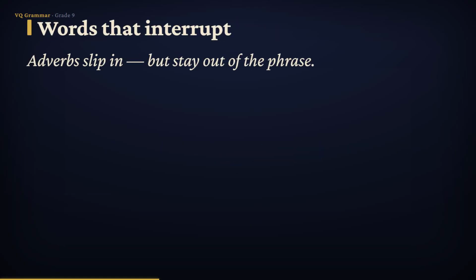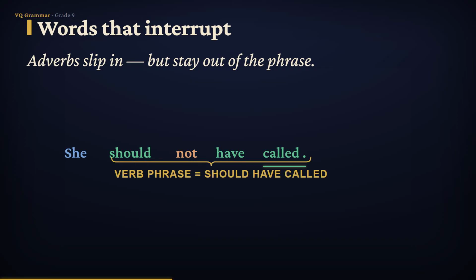Here's where students get tripped up. The auxiliary and the main verb don't always sit side by side. Little adverbs can slip right into the middle. Look, she should not have called. The verb phrase here is should have called, a modal, an auxiliary, and the main verb.